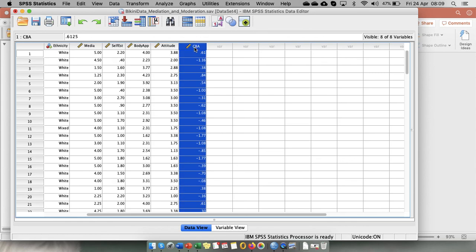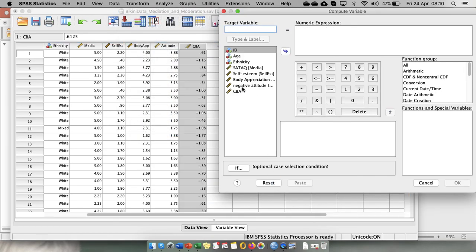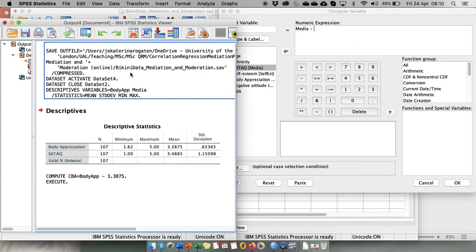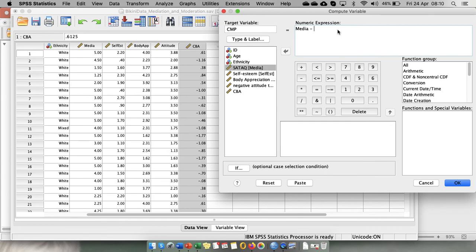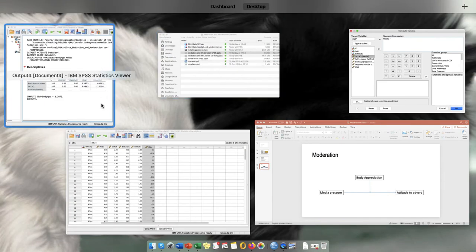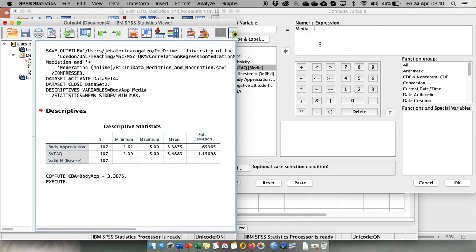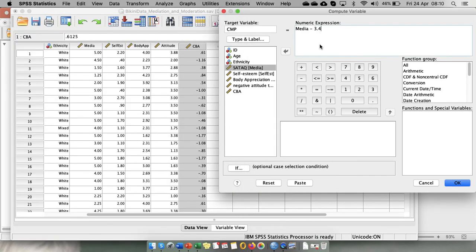Next, we need to center our predictor variable, which is media pressure. The process is exactly the same. Transform, Compute Variable, we can reset it, and we'll call it centered media pressure, and we'll go to media pressure minus its respective mean, which is 3.4883.